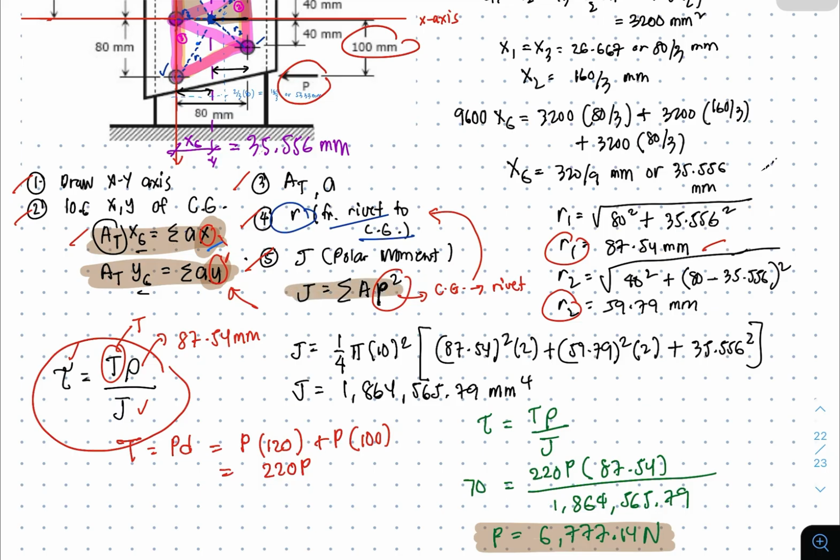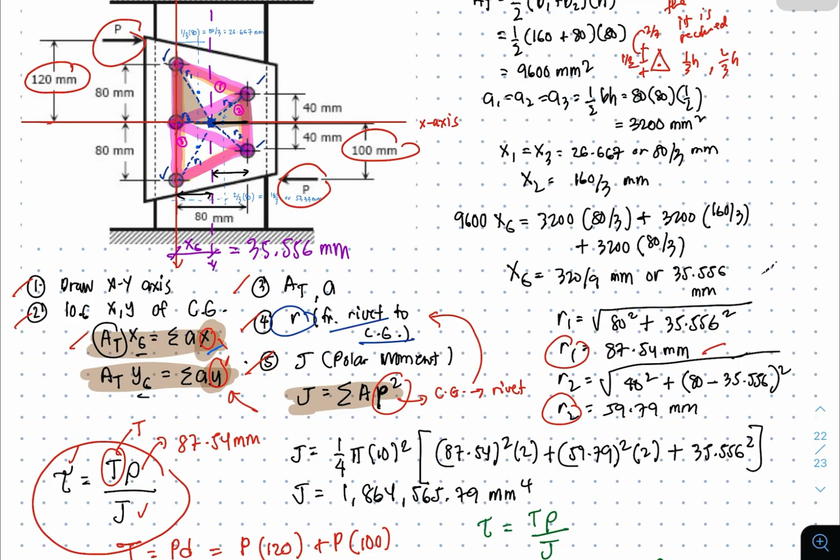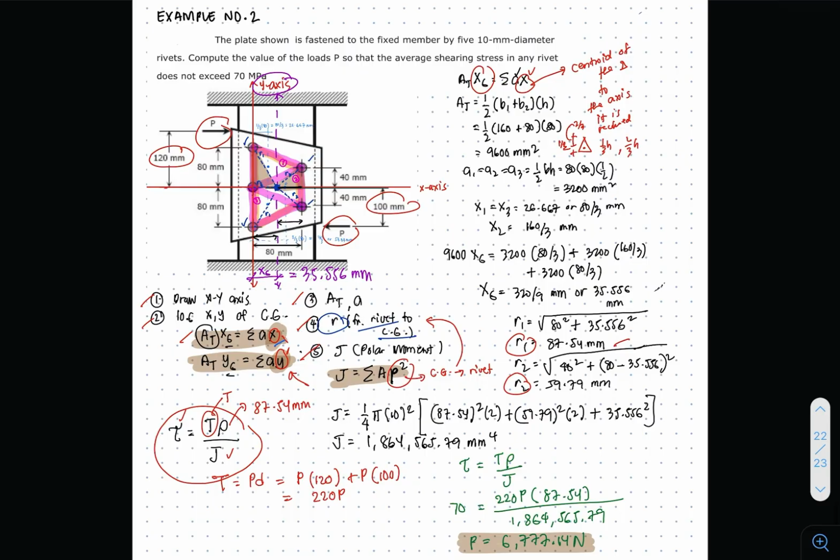However, the distance when you solve for the polar moment of inertia is from the rivet to the location of your center of gravity. And you need to take note also that it should be multiplied by how frequent, for example, R1 is present, R2 is present in your diagram or in your figure. So for this example, the answer is 6,777.14 Newton.